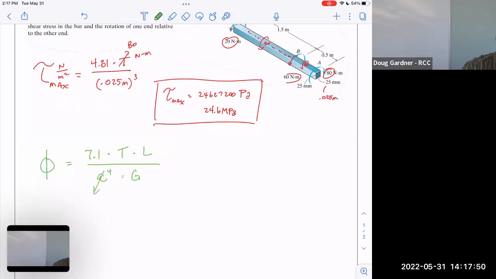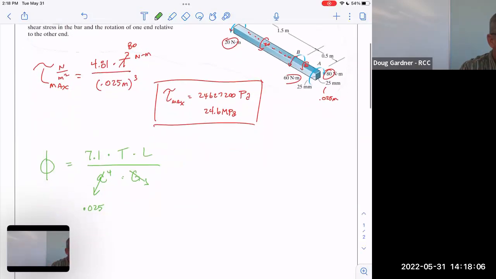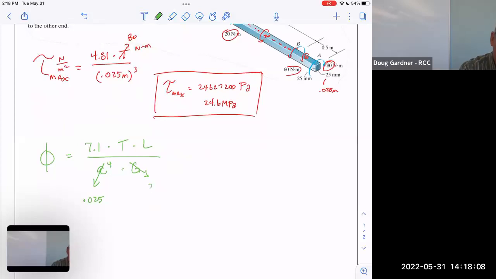Let's stall. It's always a good tactic. a is 0.025 meters. G. Oh, that's why they told me it was 6061 T6 aluminum. I have to look G up. In the interest of time, that's 26 times 10 to the 9th, gigapascals. So that's pascals.